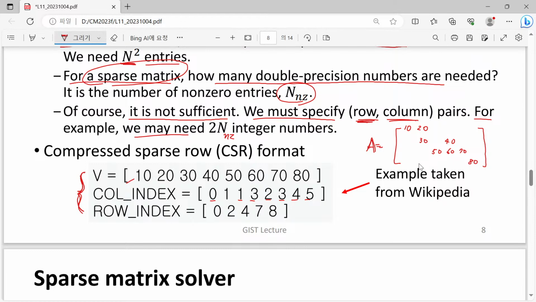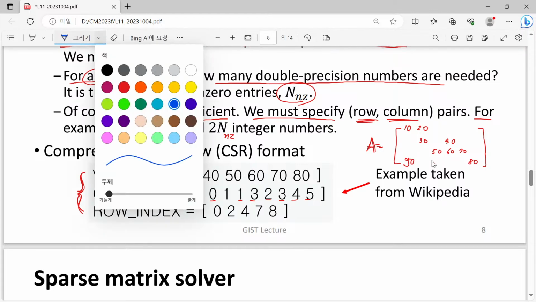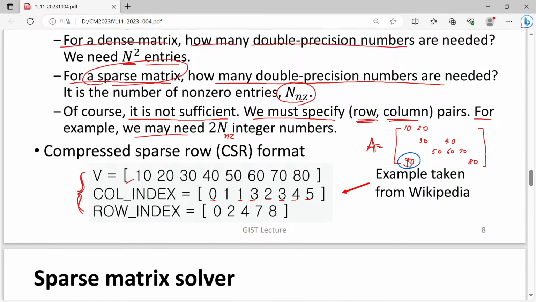But unfortunately, I have to modify this matrix A. So I wanted to introduce number 90 here. Then what happens? If I have to introduce number 90 here, then I have to first of all introduce 90, 80 here.